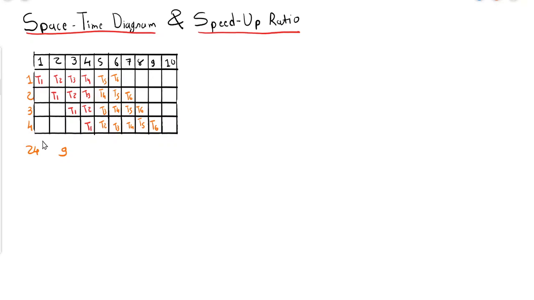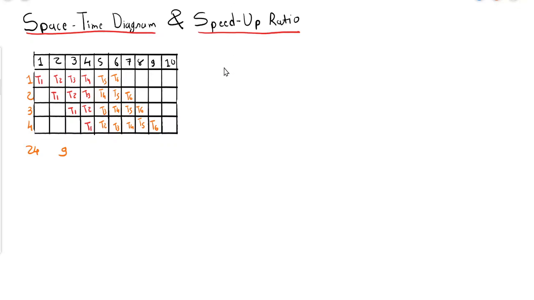So this is how the pipeline system helps in executing instructions and achieving parallelism in a uniprocessor system. Now we will calculate the speed-up ratio.